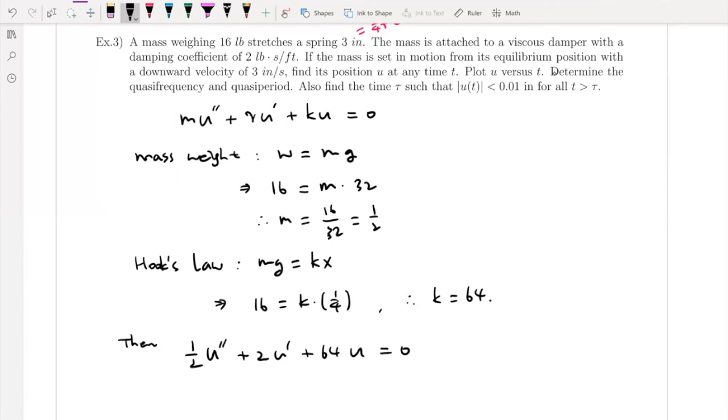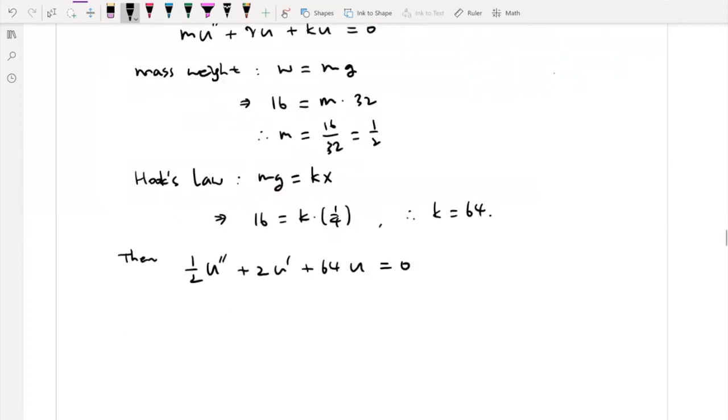Now we can use the characteristic equation, which is 1/2 r squared plus 2r plus 64 equal to 0. Let me multiply 2 on both sides. Then this will be r squared plus 4r plus 128 equals 0, which is a quadratic equation.